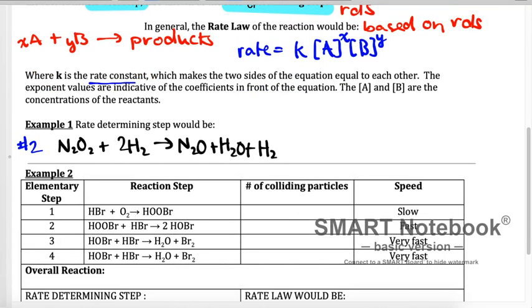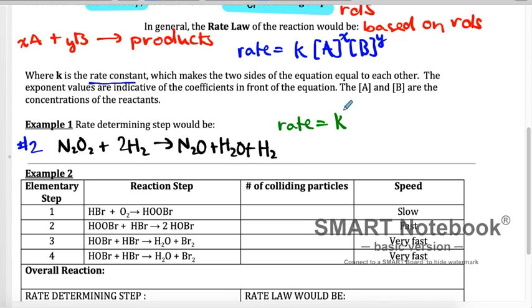To write the rate equation, we're just going to write rate is equal to some constant K. And remember, it's different for every example and for every different reaction because they'll all have different rate determining steps.